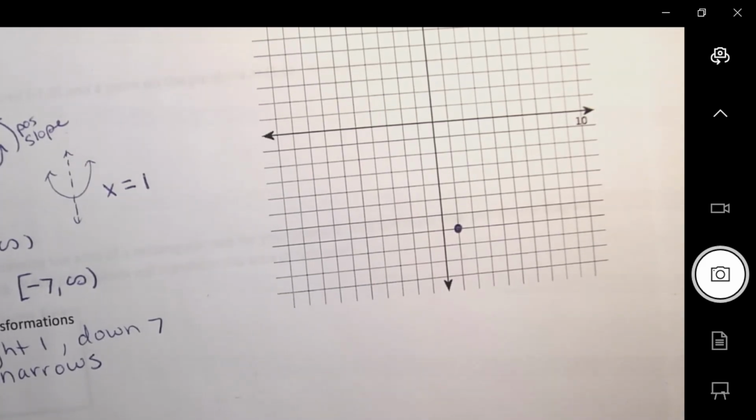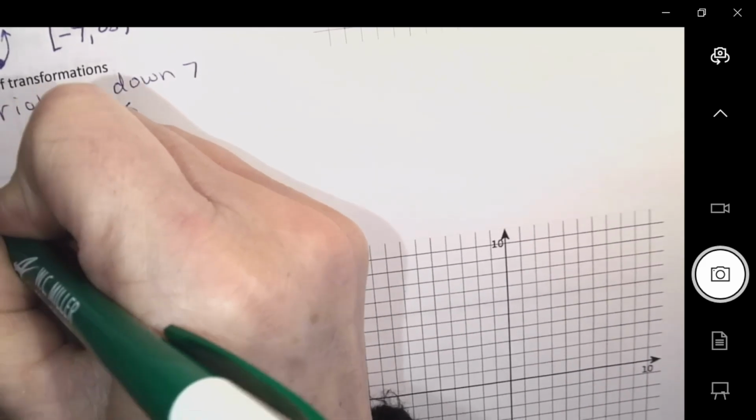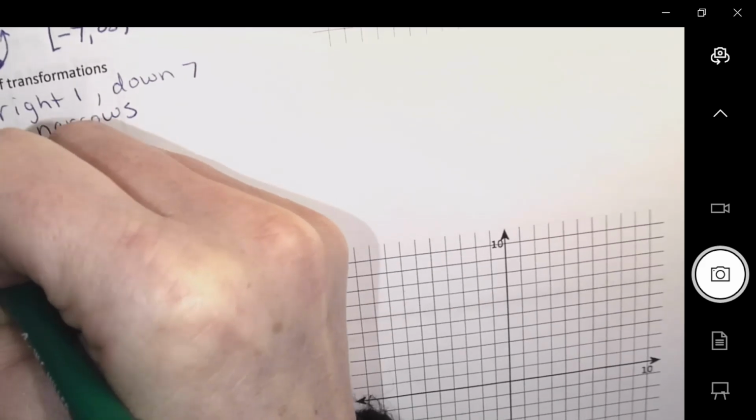Okay, y-intercept. What does a y-intercept even mean to you, in a general sense, not just for this? Where x would be the number 0. Some of you are like, well, where it hits the y-axis. Well, yeah, but how do I find that?